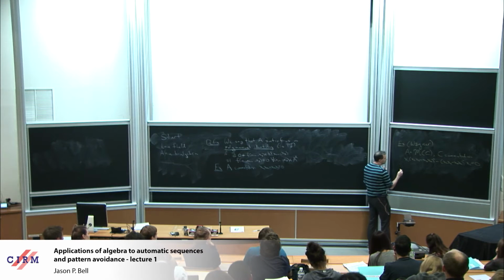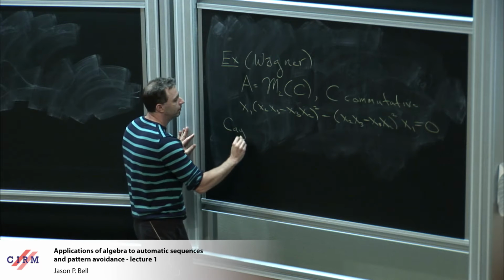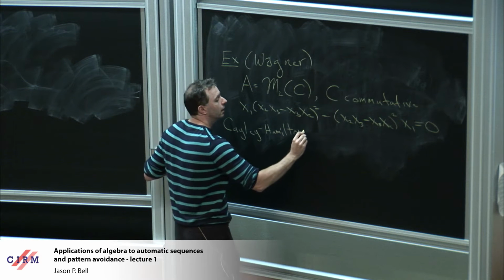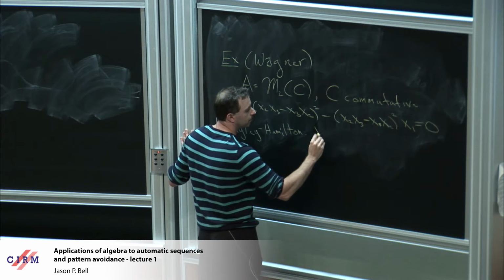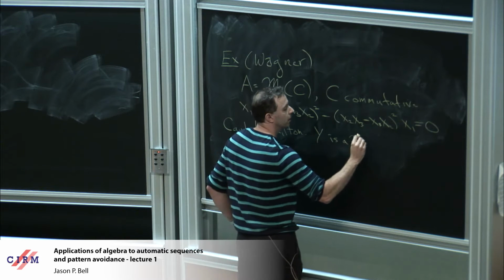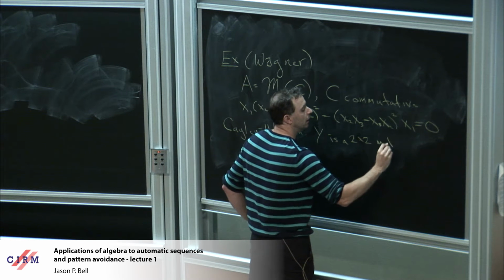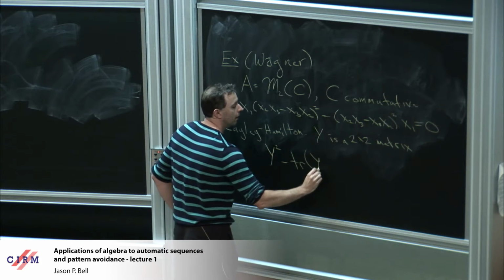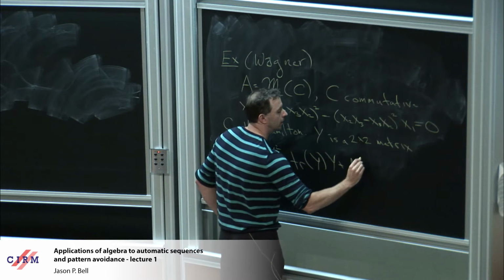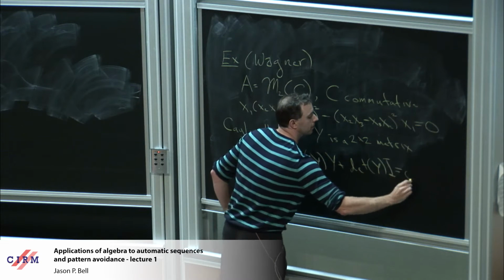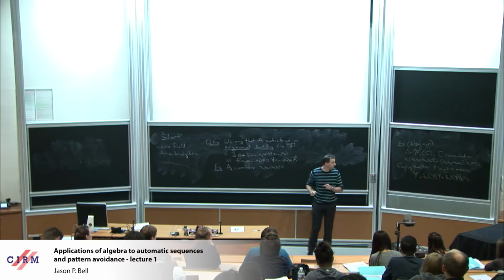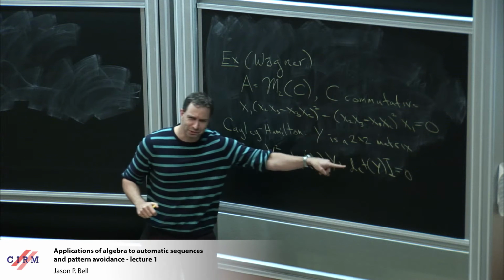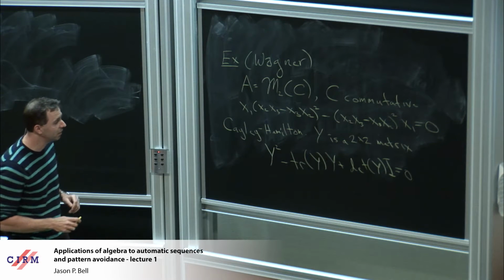There's another way to do it, which is to notice by the Cayley-Hamilton theorem that if Y is a 2 by 2 matrix, then Y satisfies its characteristic polynomial. And you can check the linear term is the sum of the eigenvalues, and the product of the eigenvalues is the determinant. So you get this.